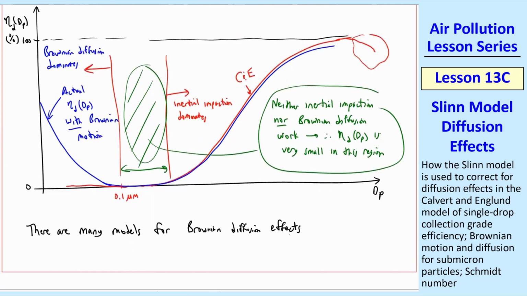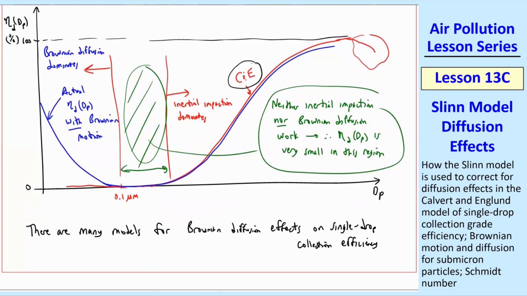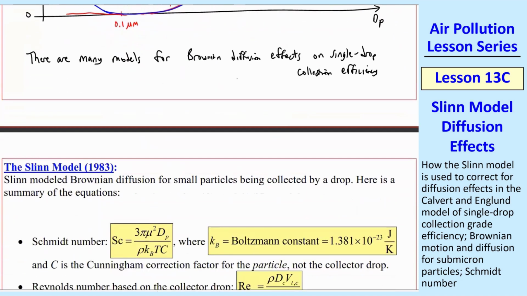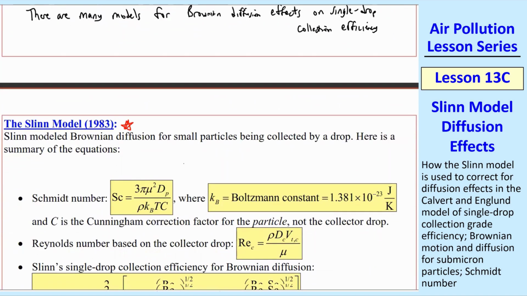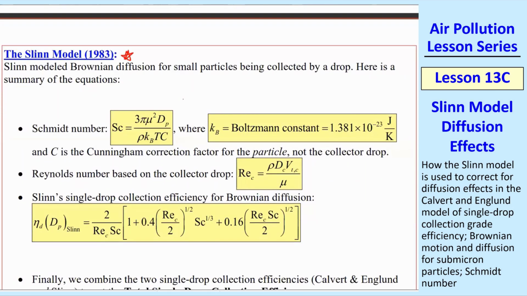There are many models out there for Brownian diffusion effects on single drop collection efficiency. So we picked one for the big particles. That was the Calvert and England. We're going to pick another one for Brownian motion or Brownian diffusion. This one's going to be the Slinn model, S-L-I-N-N, way back from 1983. What he did was model Brownian diffusion for very small particles being collected by a drop, which is exactly what we're talking about.